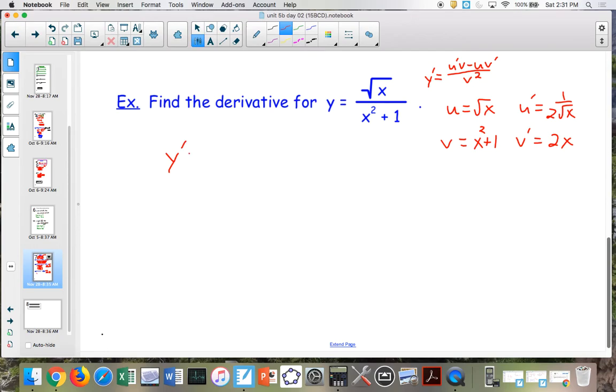So let's just plug in all those values. Derivative of the top times the bottom minus the top times the derivative of the bottom all over the bottom squared.